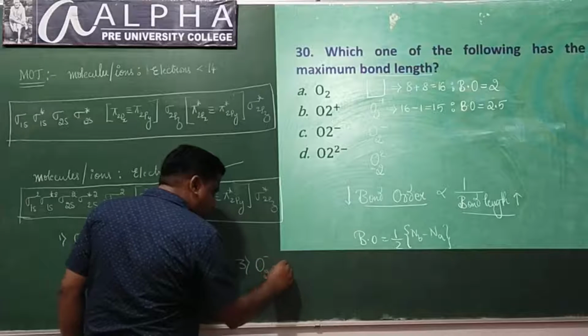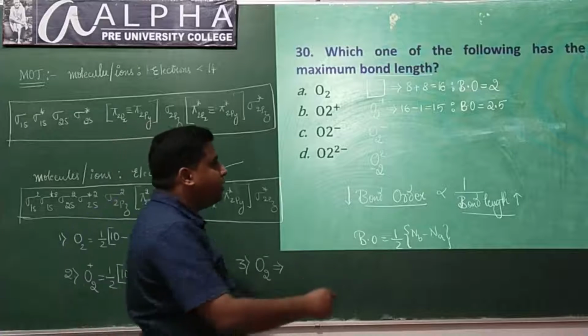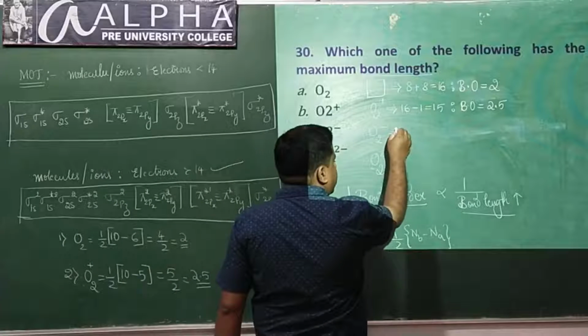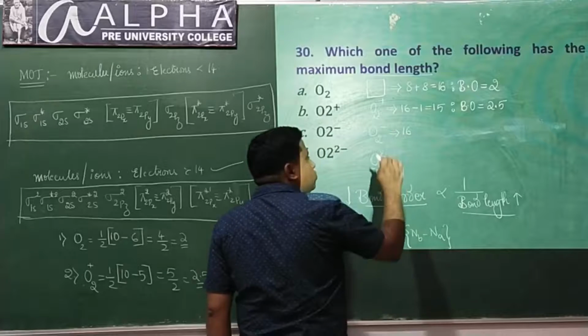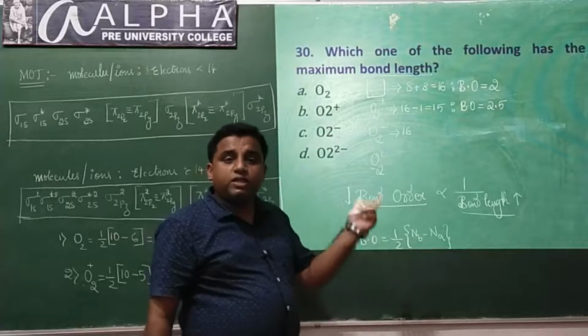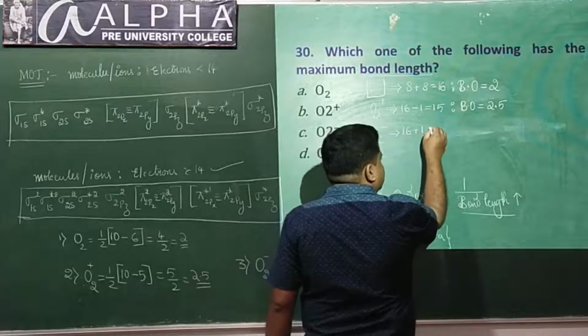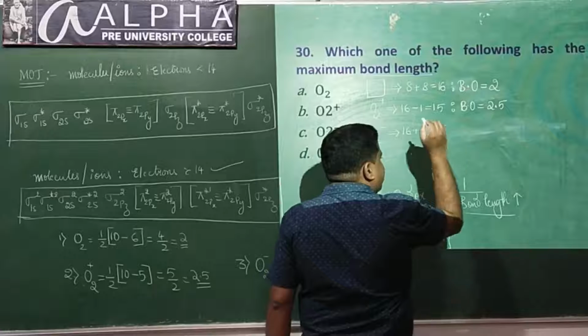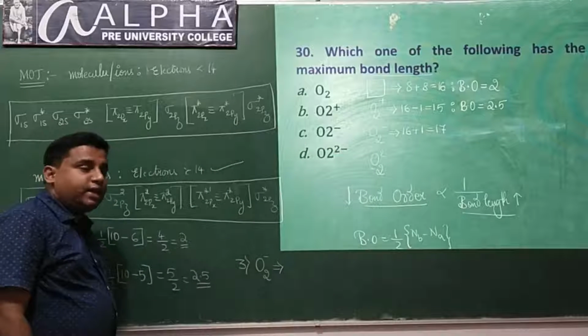Now next, O2 minus. Let us count the number of electrons in O2 minus. O2, 8 plus 8, 16. There is a minus 1 charge, so you have to add 1 electron. 16 plus 1 is 17 electrons.